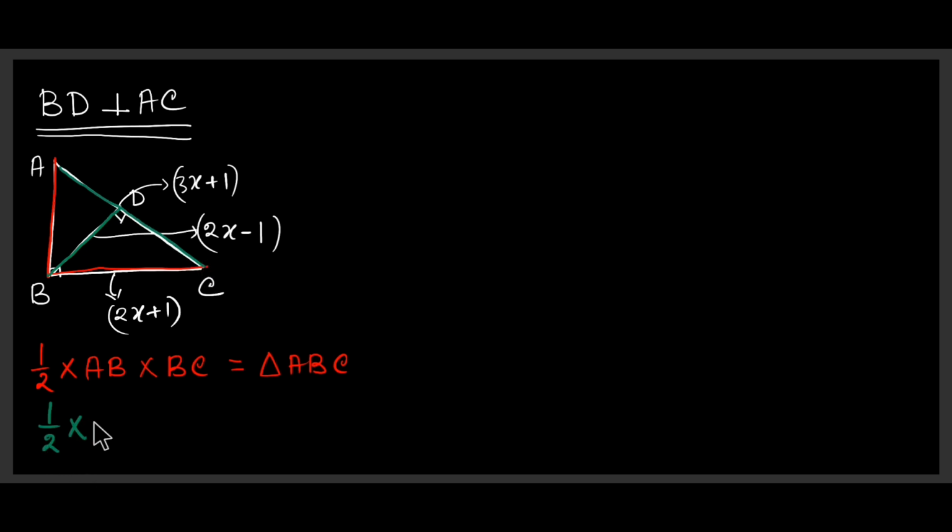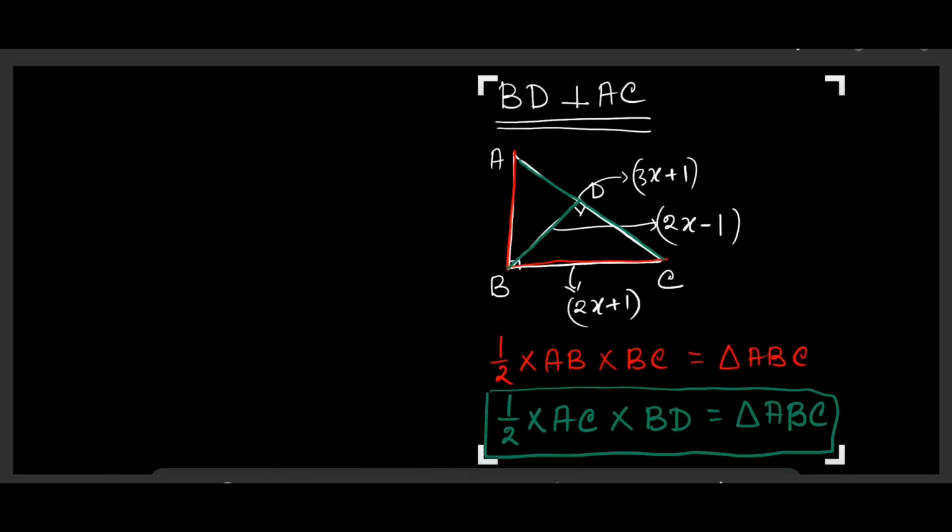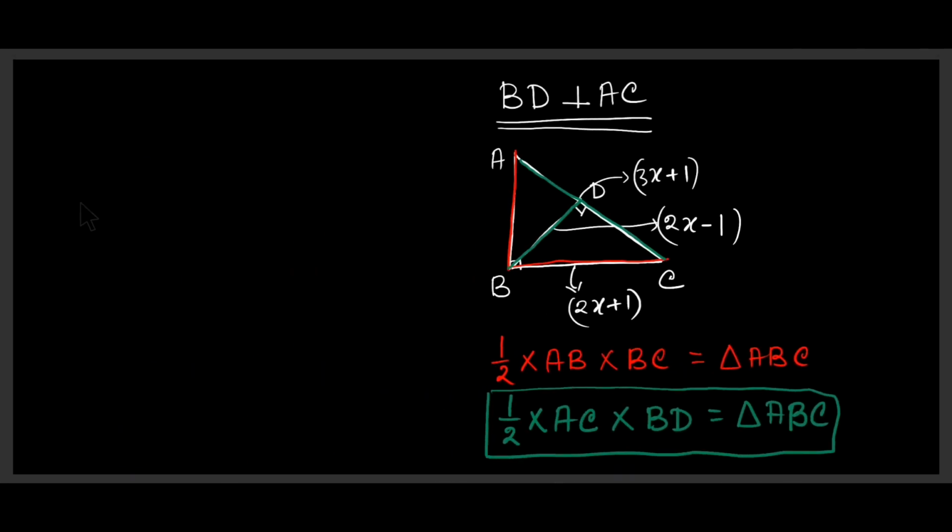So we can write half into AC into BD is the area of triangle ABC. Now, from this equation, we can find the value of x because AC and BD both are given in the equation. So let's calculate this.